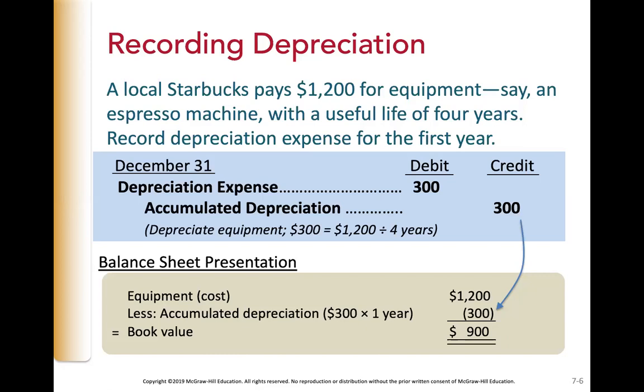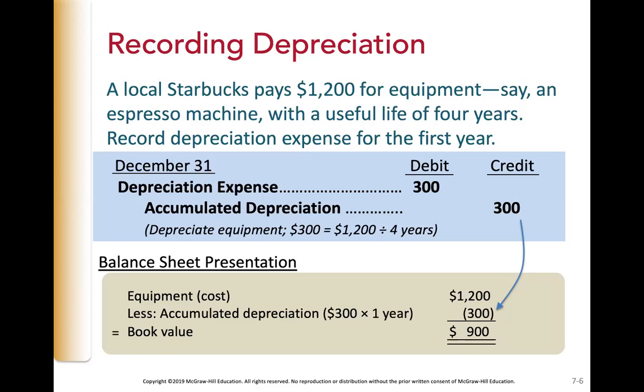Book value is also referred to as carrying value, and it's equal to the original cost minus the current balance in accumulated depreciation. Notice that by increasing accumulated depreciation each period, we are thus reducing the book value of the equipment.